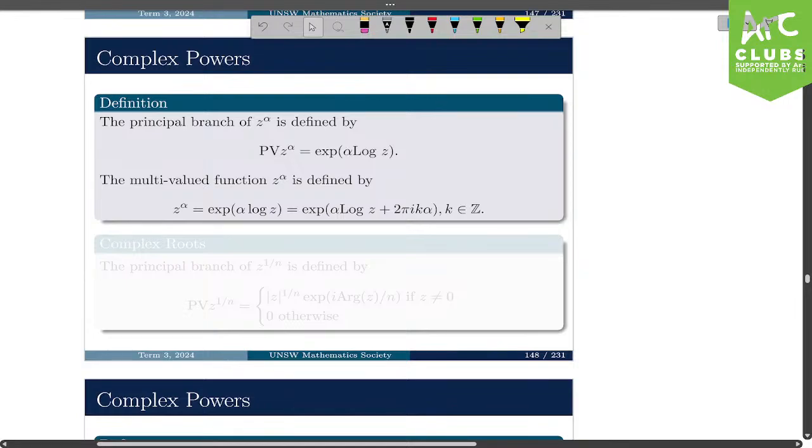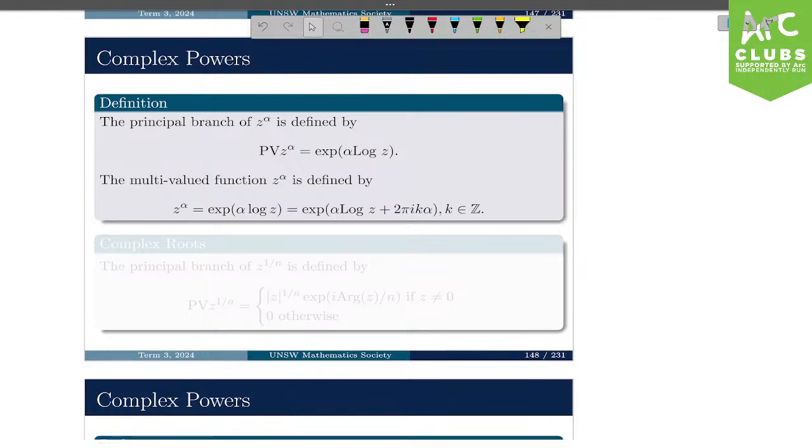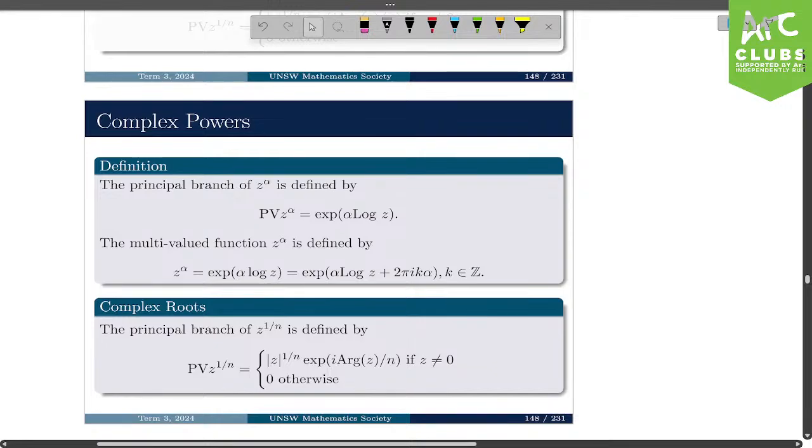Yeah, all right, and then now we can start talking about complex powers. So complex powers, usually perfectly fine. We just take to the nth power, but now we're taking reciprocal powers. That's where it actually comes in, complex roots.